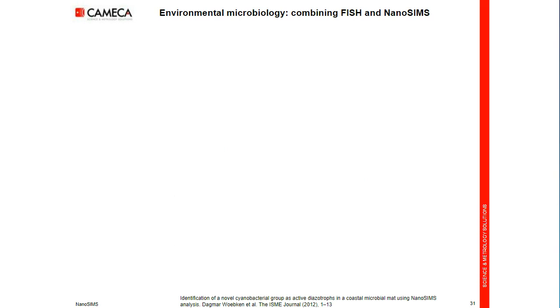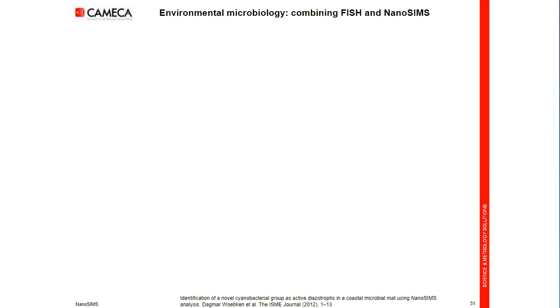In environmental microbiology, combining different optical microscopies, confocal, fluorescence, can be extremely powerful. Here we show some results from an article published by the Lawrence Livermore National Lab group in the USA.